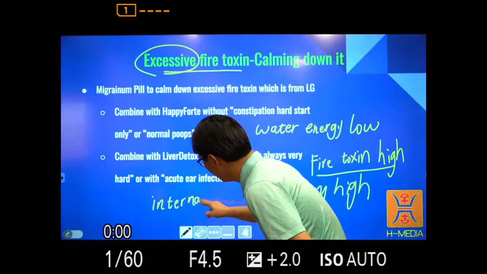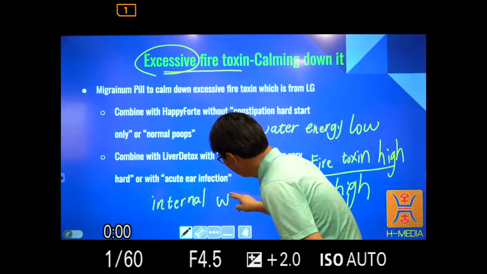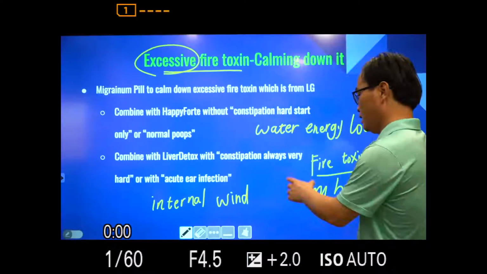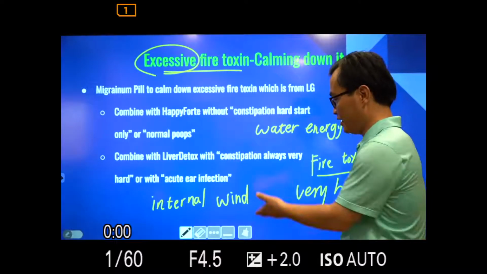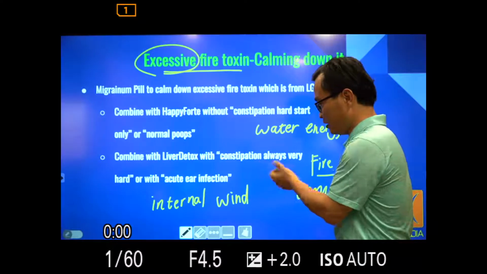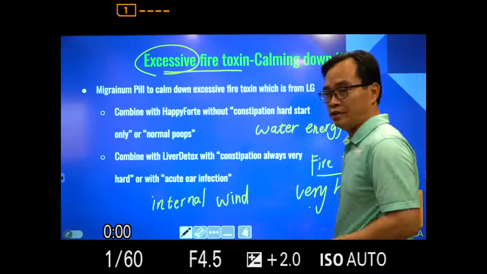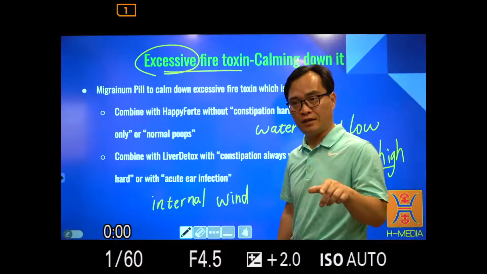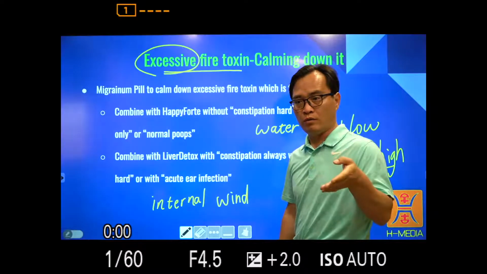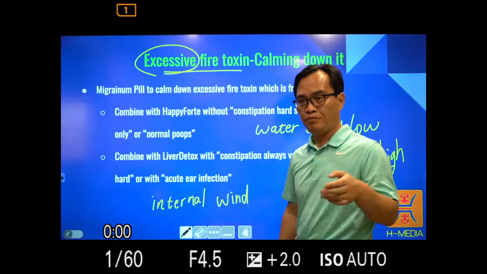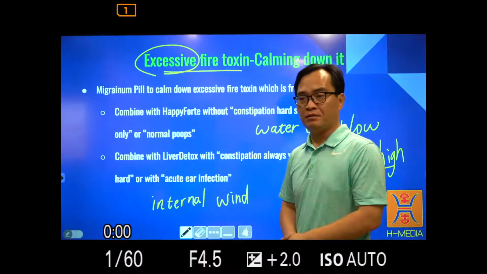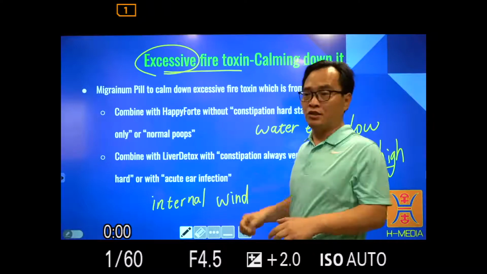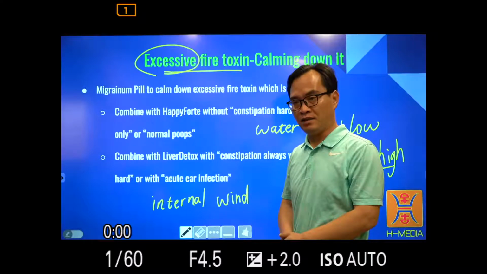We explained this before. When there is internal wind, your body is shaking. You will have vertigo, and symptoms like epilepsy and cramps.